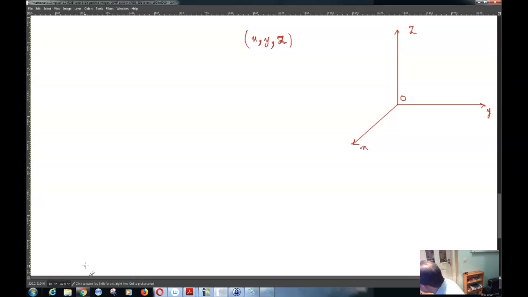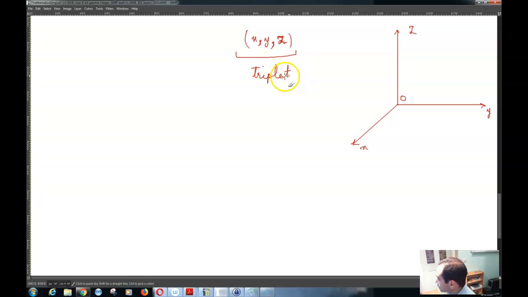So what that means is that if you have any point in this coordinate system, you can associate 3 numbers in this order to that point, and therefore describe the position of that point in space using these 3 numbers, called the triplet.